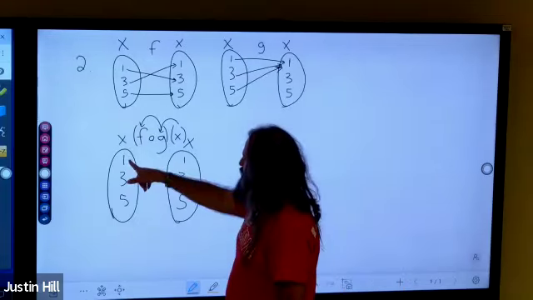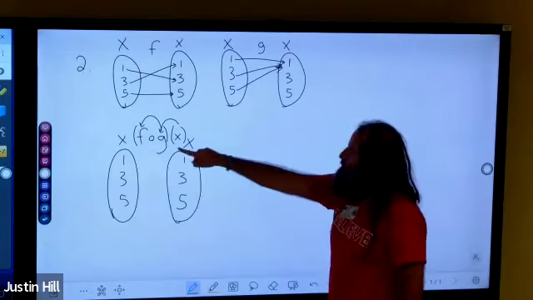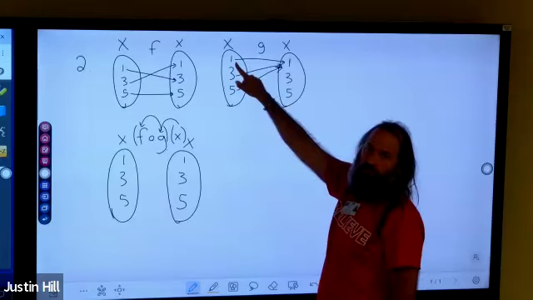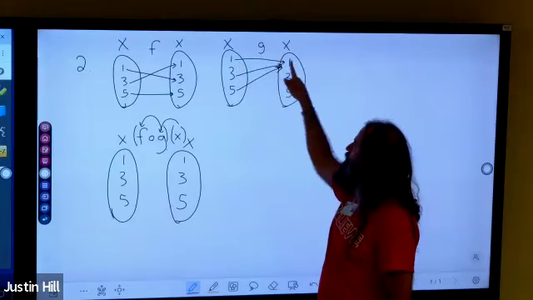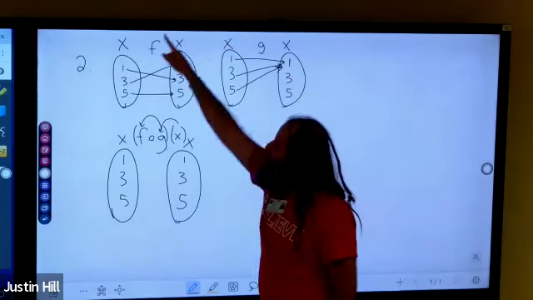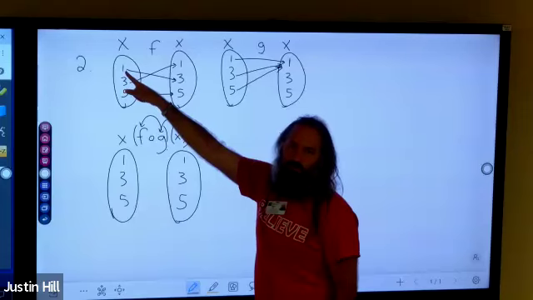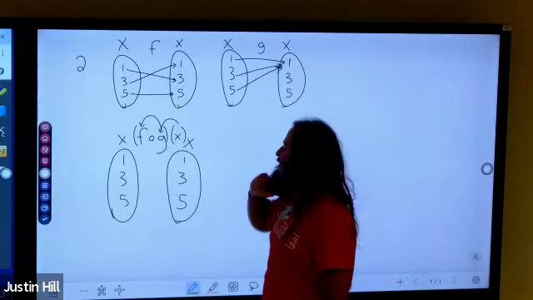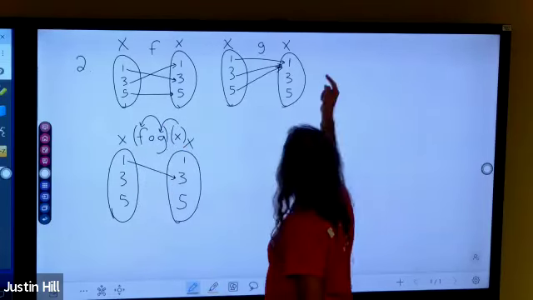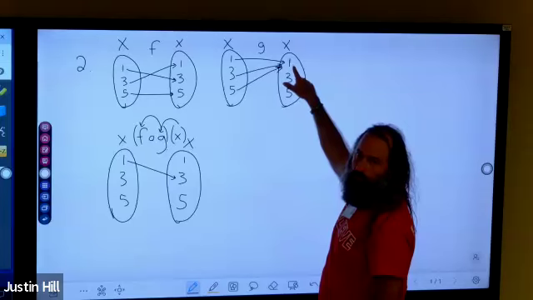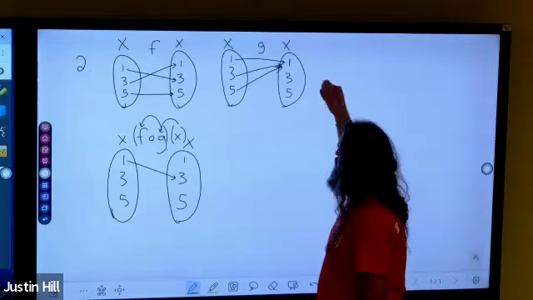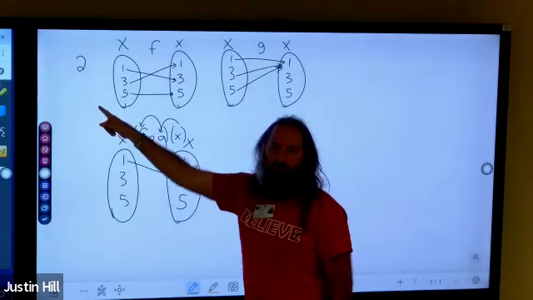If I plug in 1, where I'm plugging it in first is G. So I'm going to go to G, and if my input is 1, what is my output? Good, that's 1. So 1 goes to 1. Now that output becomes the input on F. So on F, if I input 1, what do I get? Good, I get a 3. So 1 then goes to 3. I put in 1, G turned it into a 1, and then F turned that 1 into a 3. So overall, I put in a 1 here, I got out a 3 here.